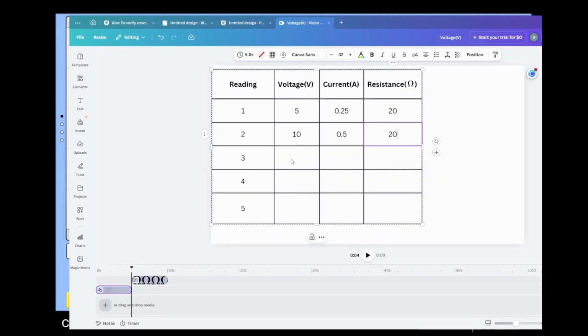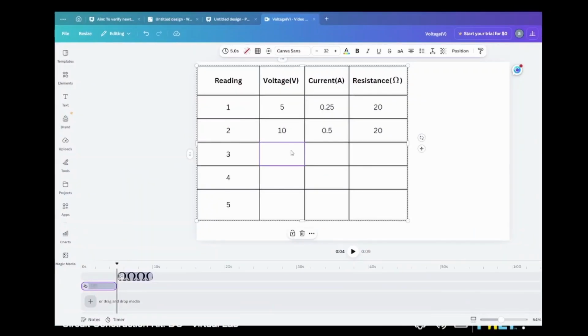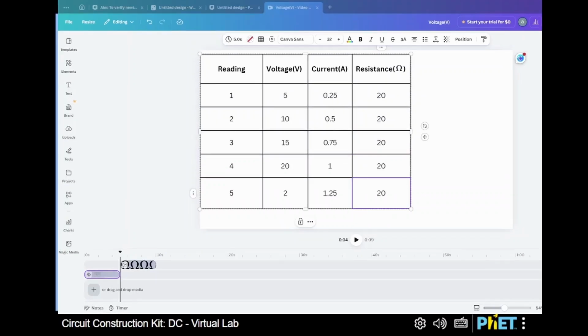I don't change the resistance throughout the experiment. So then what is my current? When my voltage is 15 volts, my current is 0.75 amperes, and then I record my results there. Okay, then I continue the process until I make readings 4 and 5, and this is my table.